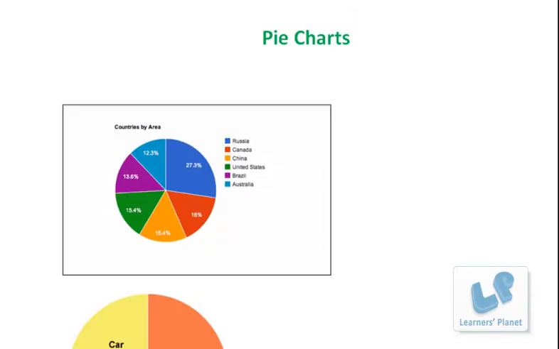Next is pie charts. A pie chart is probably the simplest of all pictorial forms of data presentation. Here the total quantity is shown distributed over one complete circle. The center angle of the circle is 360 degrees.